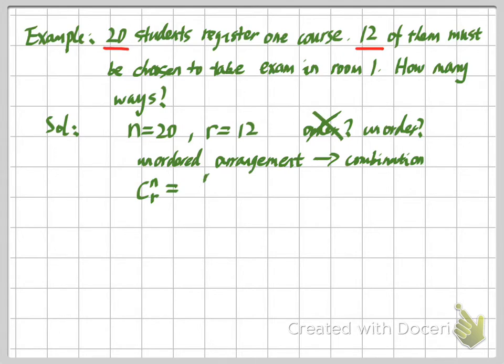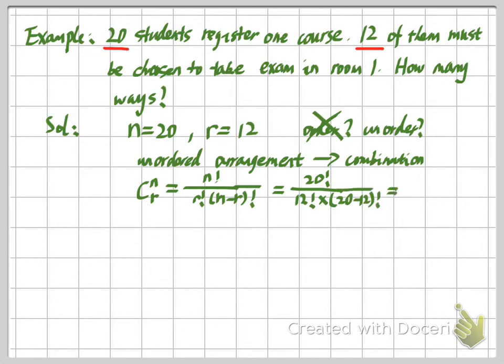The answer is to use the formula n factorial divided by r factorial times (n minus r) factorial. When we plug in the numbers, this becomes 20 factorial divided by 12 factorial times (20 minus 12) factorial, right?